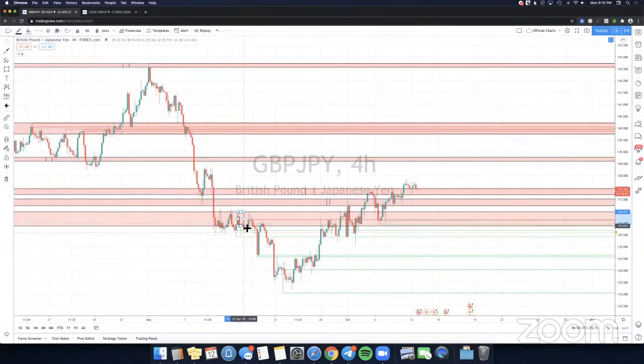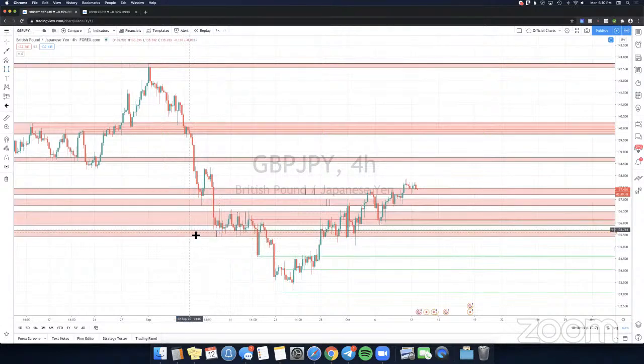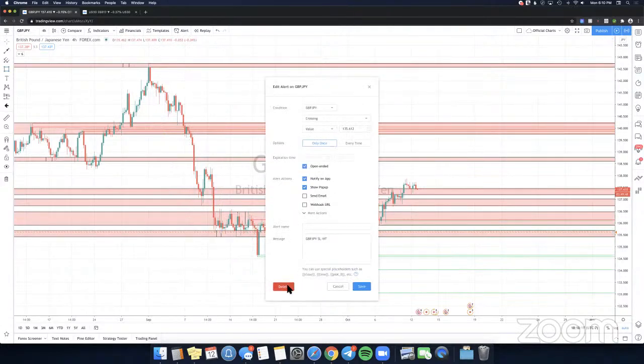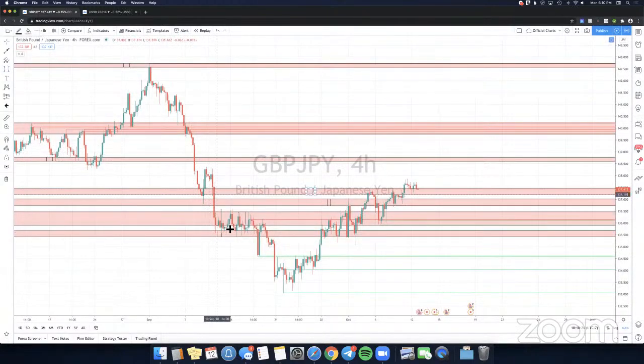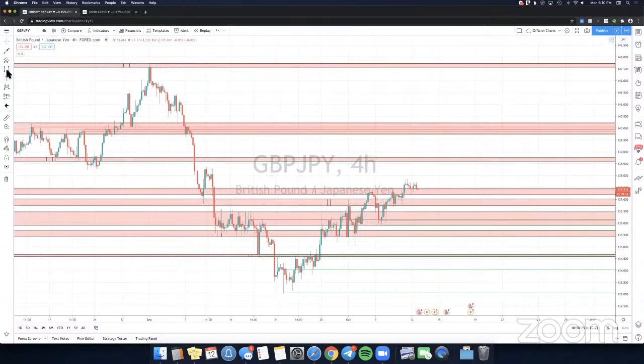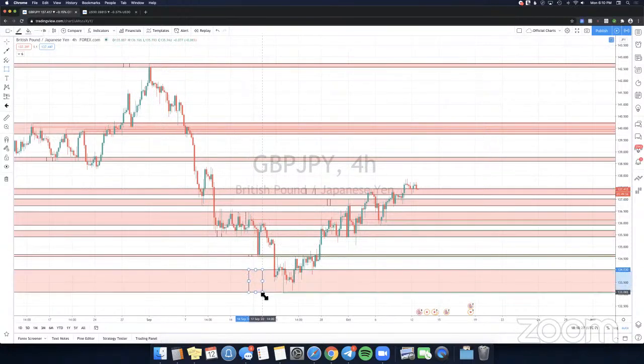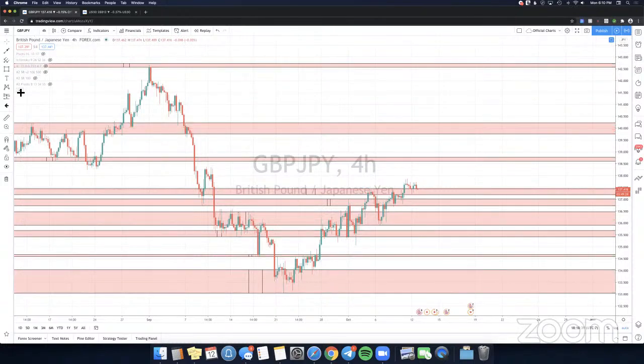All right, I'm going to connect these two. Looks like I still got this alert from last week. We actually hit full TP on that one already, I think last Friday, for 100 pips. All right, cool. So there are those zones right there.